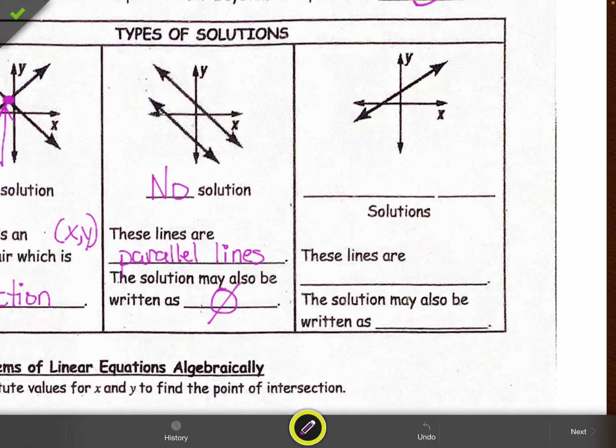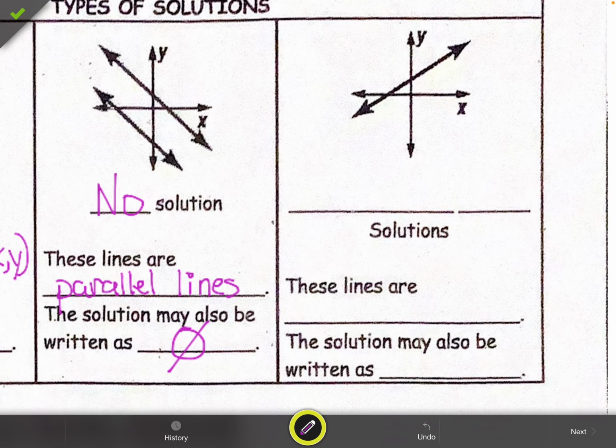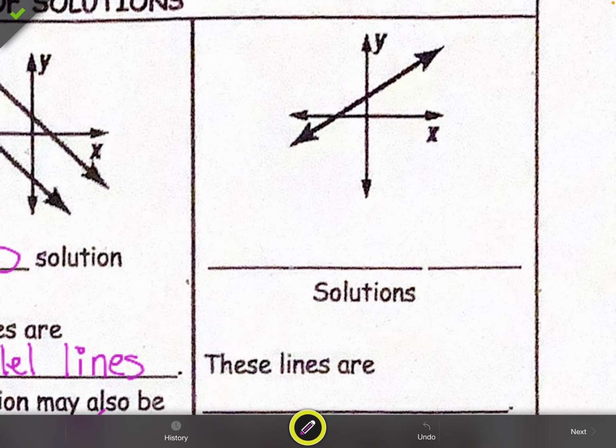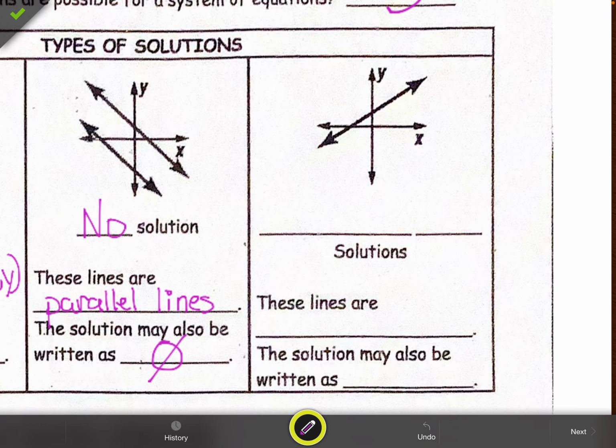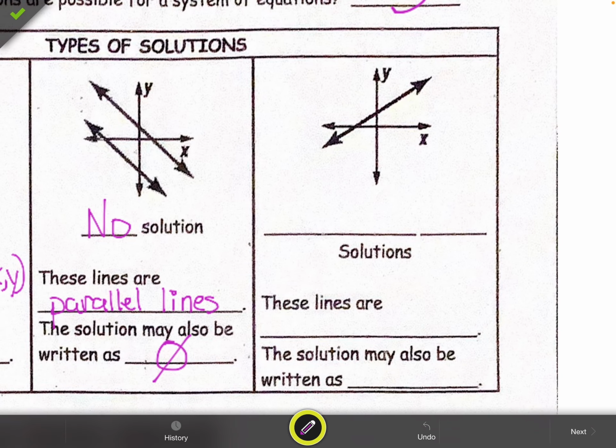The last type of solution that you can get is you graph both lines. You graph both lines, and what happens is when you look at your graph, you only see one of the line. Only one pops up, or you can only see it. Okay. So when this happens, what's happening is you graph the first equation, you graph the second equation. They end up being the exact same. Okay. And so this means this system would have infinitely many solutions.